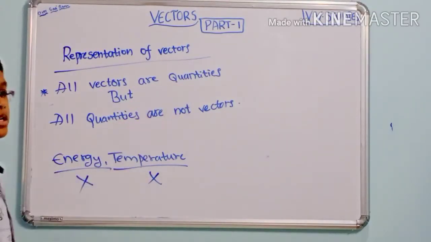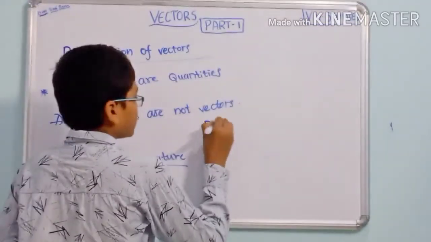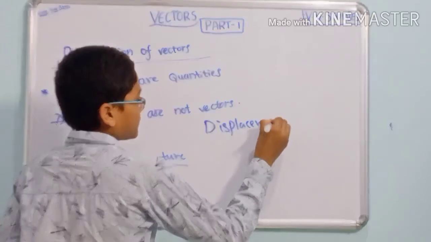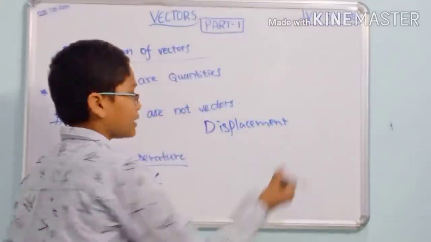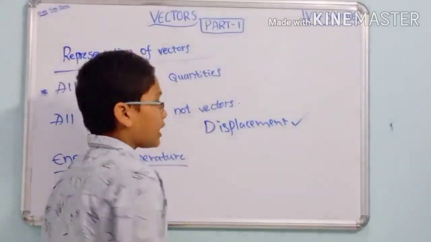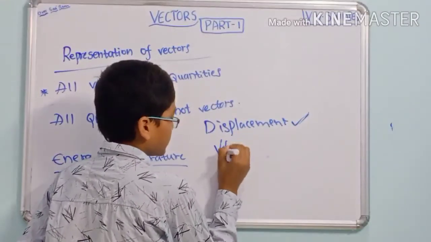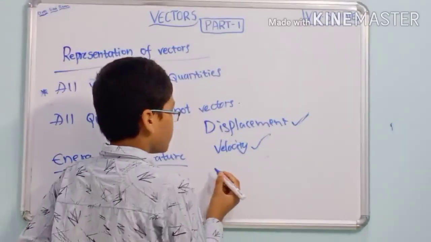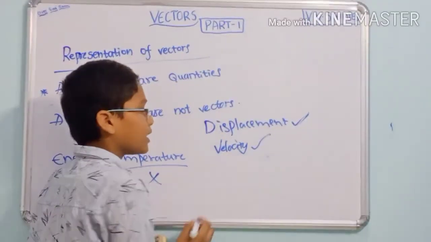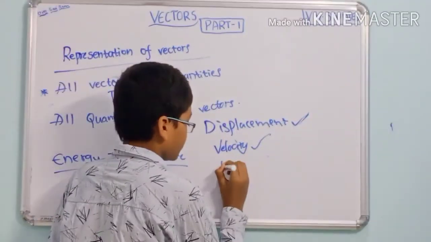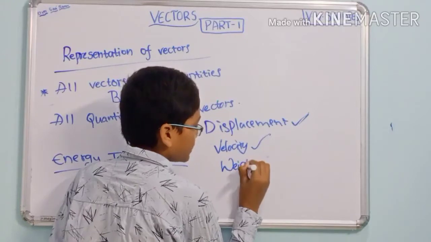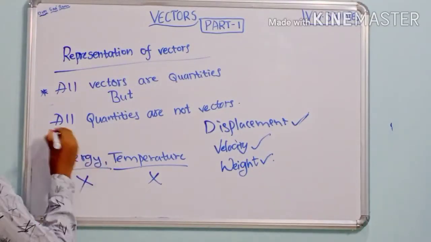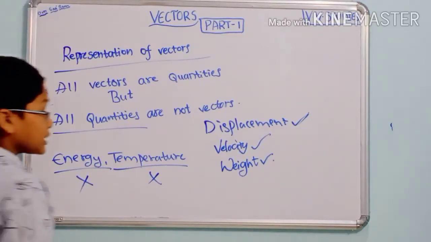All vectors are quantities. All vectors means take for suppose displacement. Displacement is a quantity. Yes, we can write. Otherwise, velocity. Velocity is a quantity. Okay. And weight. Weight is a quantity. But not only energy and temperature, any quantity you take. For suppose distance I took.